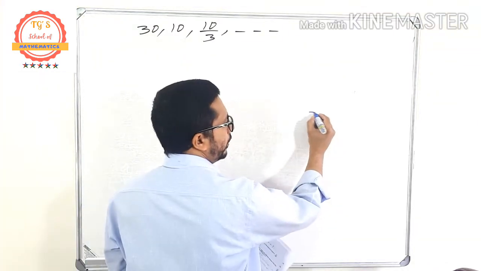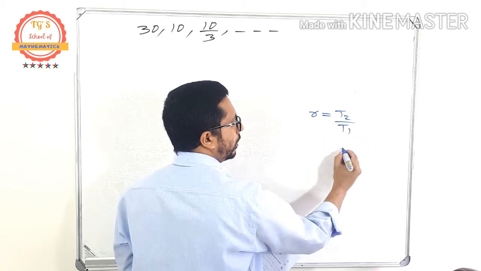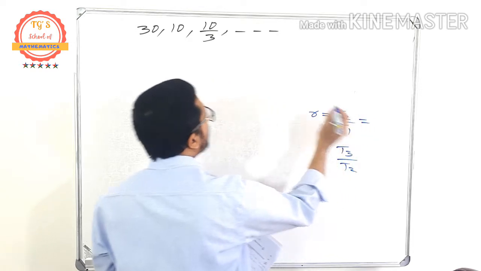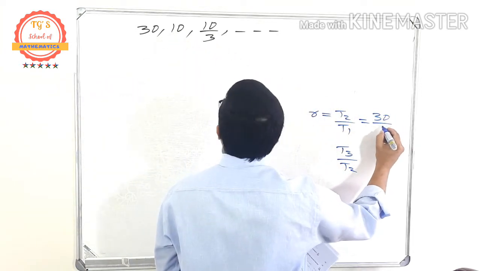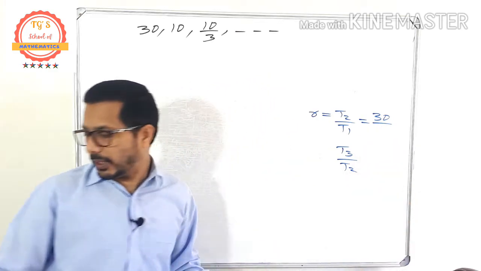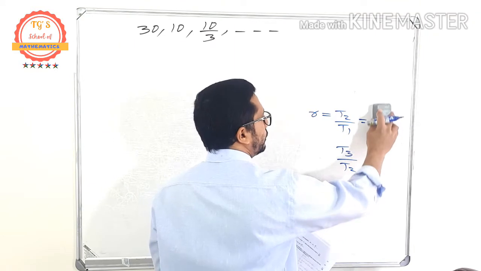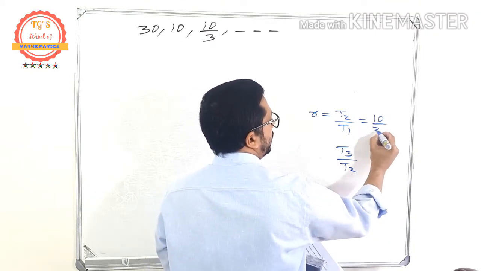You know that, you are grade 12 students. It is T2 divided by T1, or T3 divided by T2. So what is T2 divided by T1? It is 10 divided by 30, 10 over 30.